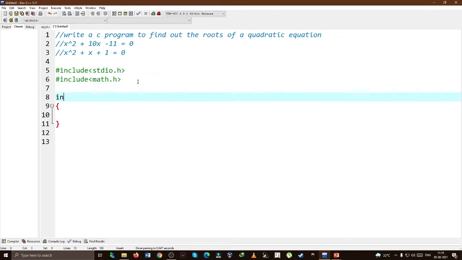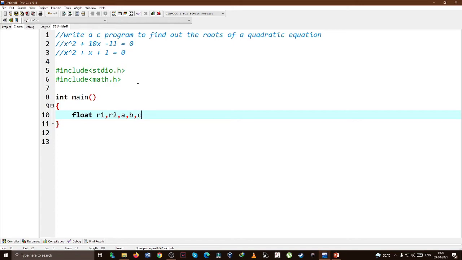Now we will write our int main function. Now we will declare our variables as floating point. r1 and r2 we will take for the roots, one negative and one positive, and the other three are the coefficients a, b, and c.